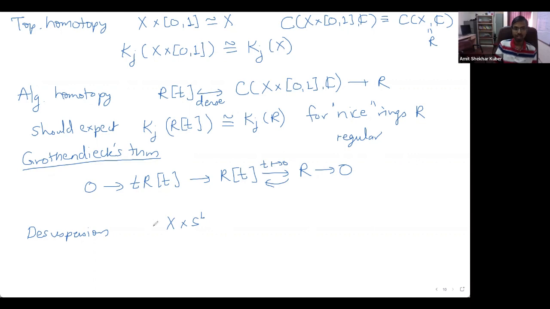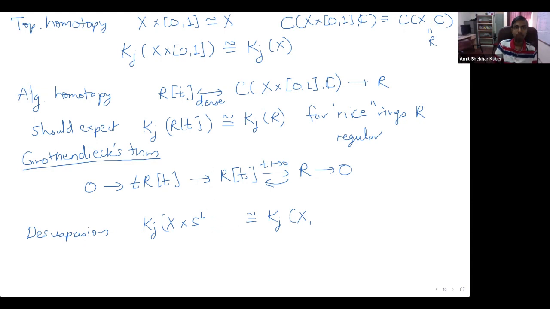So Kj of X cross S1 splits because of Bott periodicity.